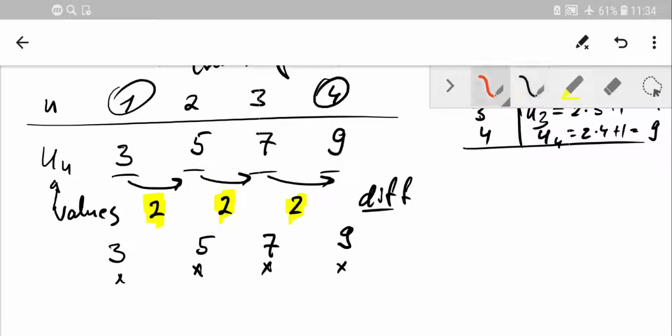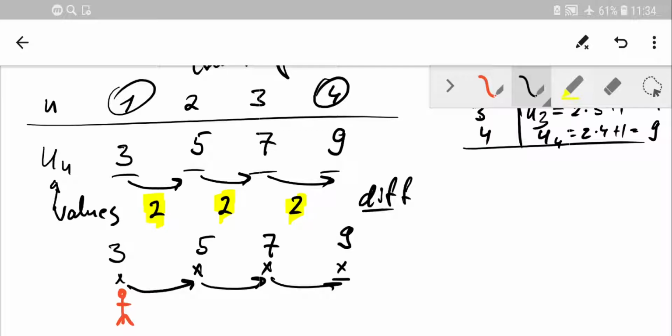Staying on the very first stone that has value 3, in order to get to the fourth stone with value 9, how many jumps do you need to make? 1, 2, 3.